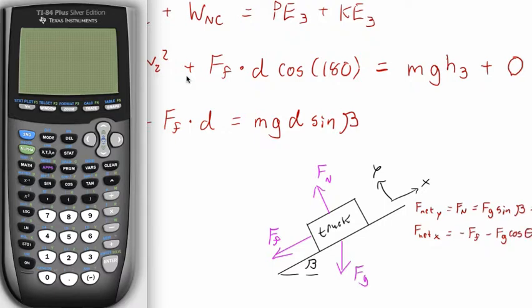Oh, actually, let's clear that up because I got some mistakes here. The components for Fgy and Fgx down here are not as I expressed them, so they need to be fixed because this angle right here is beta. So the y component is cosine, and the x component is sine.